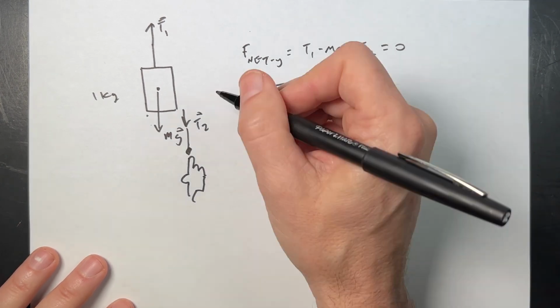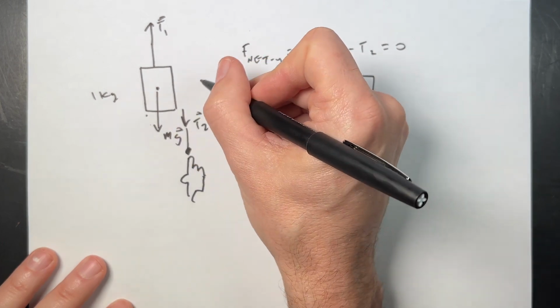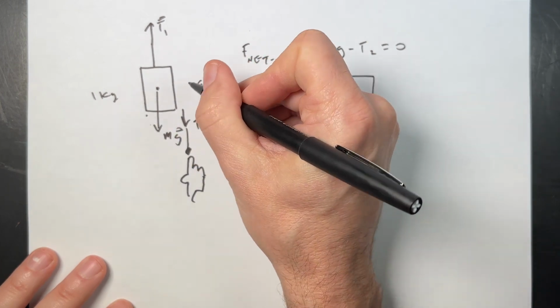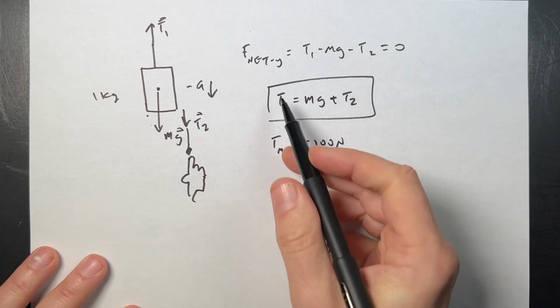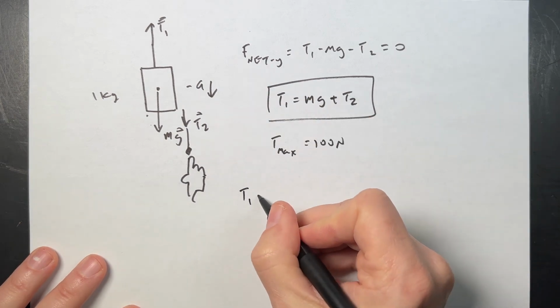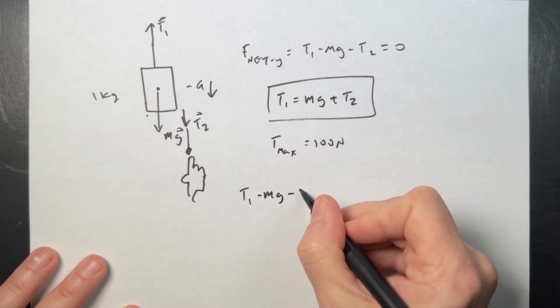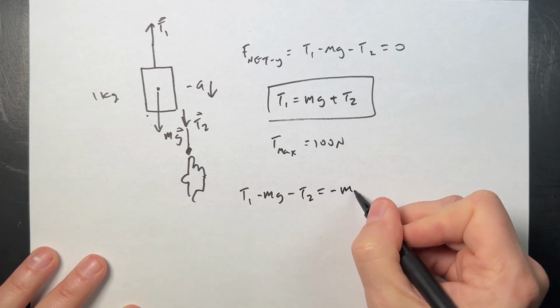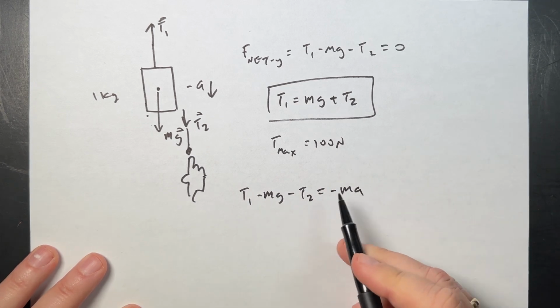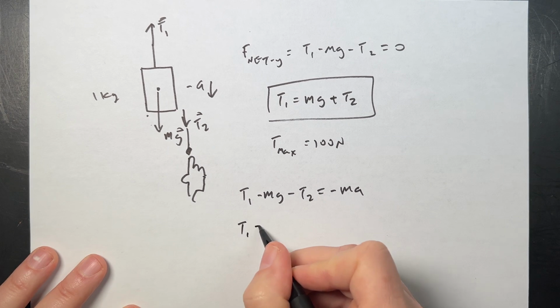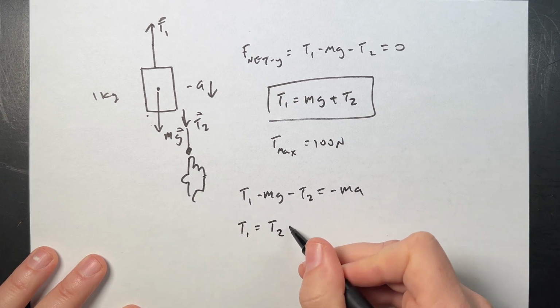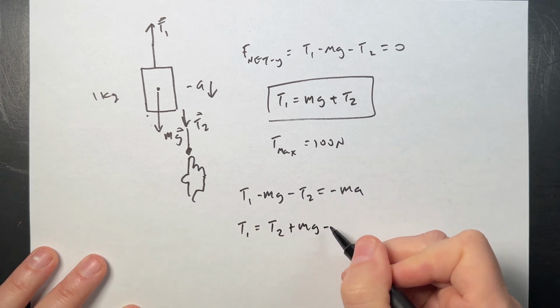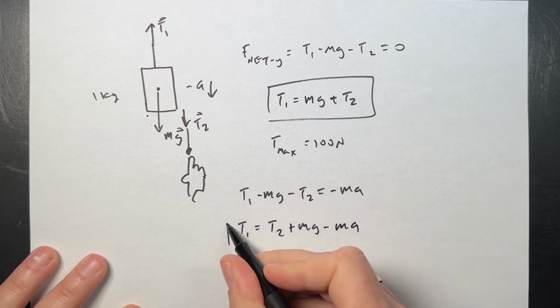But now let's assume that I pull really fast and try to make the block accelerate down with some negative value, negative a in the y direction. I can rewrite the equation. I get T1 minus mg minus T2 equals minus ma, where a is the acceleration. Now if I solve for T1, I get T1 equals T2 plus mg minus ma.